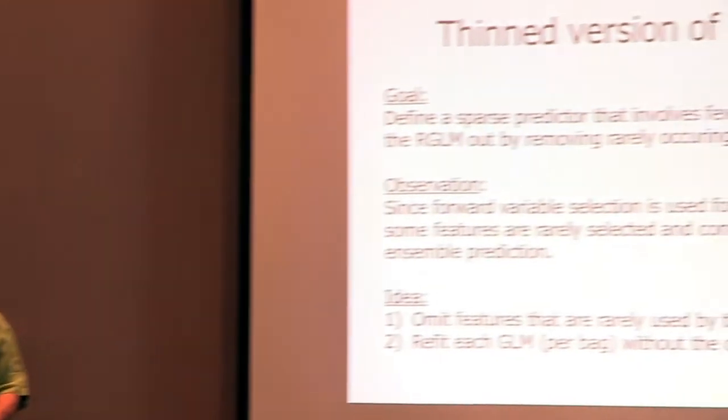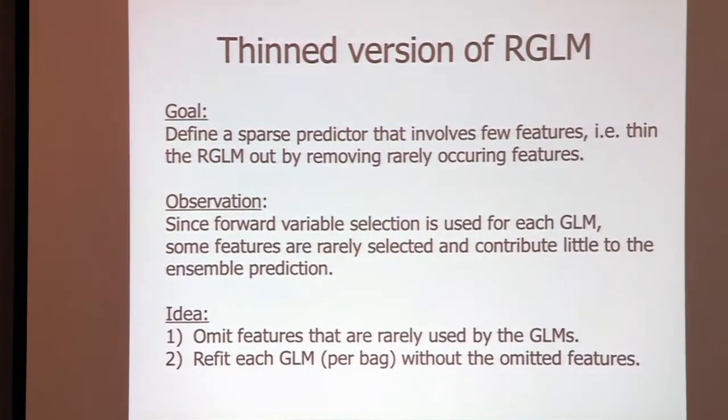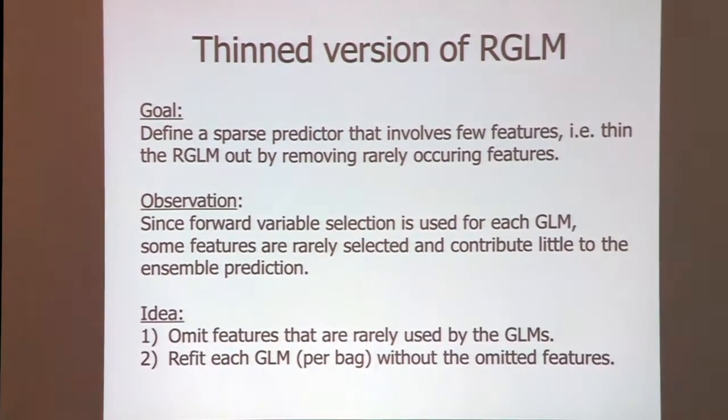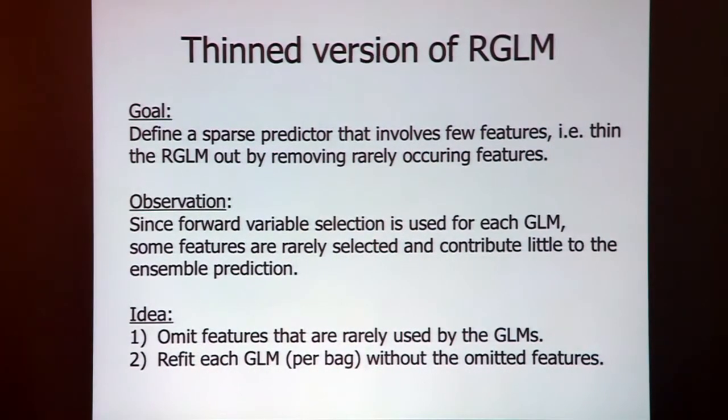So coming to this topic, how do we arrive at a thinned version of the random GLM, and why do it? Well, the goal is to define a very sparse predictor that involves very few genes. And the idea is very simple.